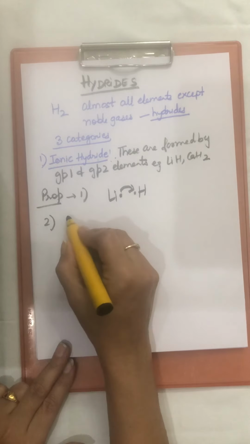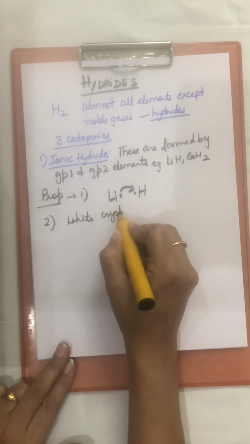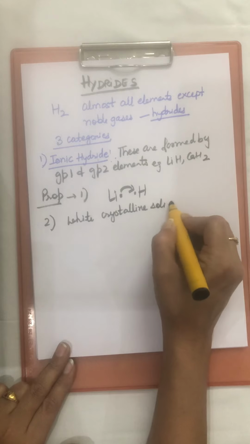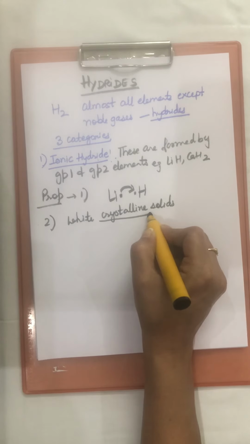Second property, these are white crystalline solids. These are white in color. And which kind of solids are these? Crystalline. Crystalline means the arrangement of the atoms is regular, it is fixed, it shows long range order.